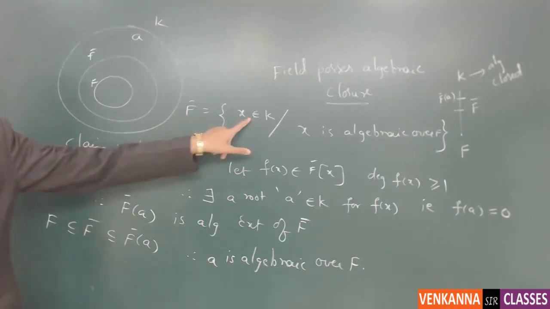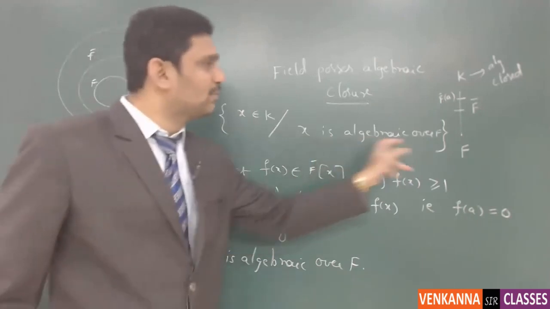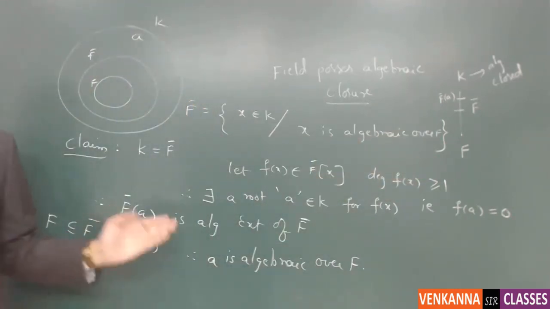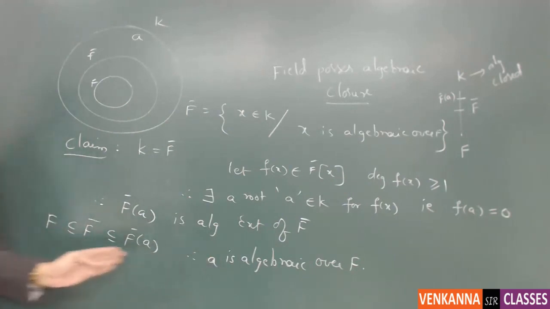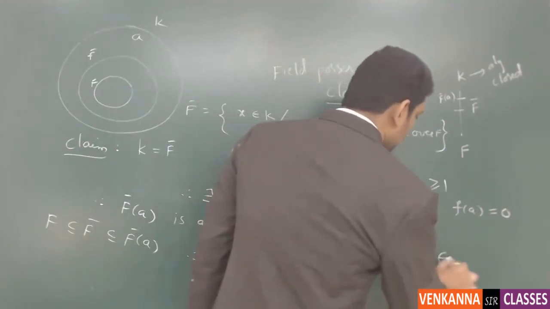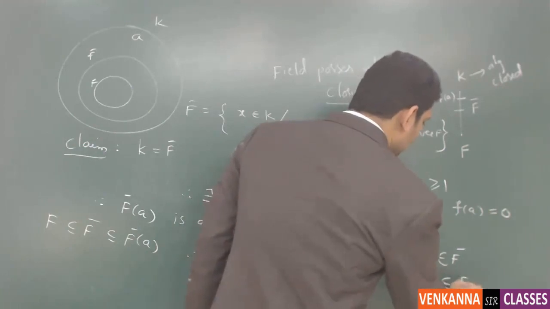I am selecting the elements in K which are algebraic over F. So the value A is algebraic over F. Therefore, I say that A belongs to F bar.